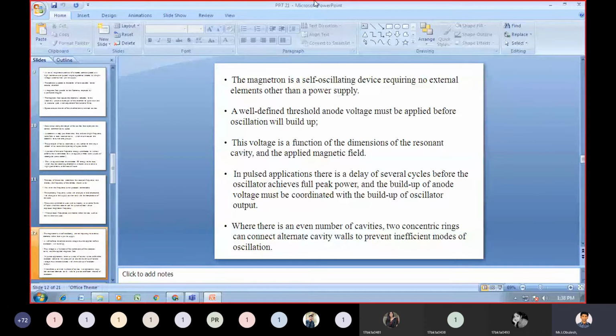This voltage is a function of the dimensions of the resonant cavity and the applied magnetic field.